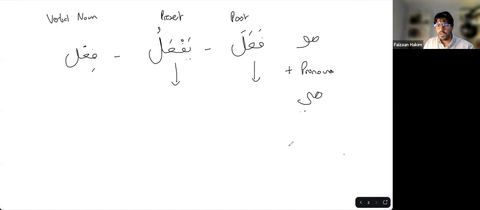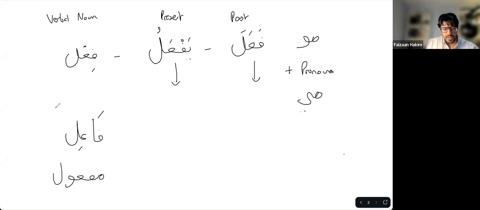So we've done this, and we've seen that you can derive from the root of fa'ala some other forms. In particular, there is fa'il and maf'ul. The fa'il is the doer. If fa'ala means to do, the fa'il literally means a doer of this fi'l. You have maf'ul, which means the done. Doer, done. For example, alim, from alima.